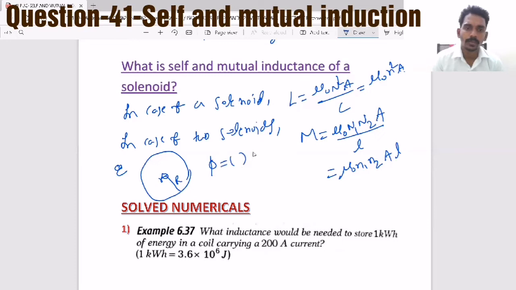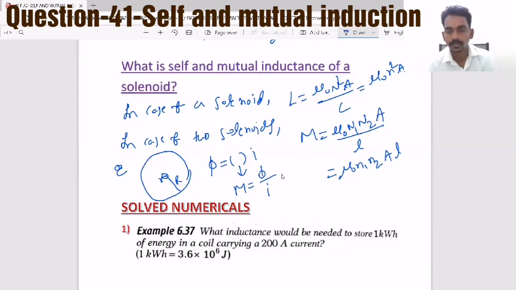That should be equal to some constant into current, and that constant we call mutual inductance, flux by current. There is a current in the outer coil, so the magnetic field at the center is mu naught N i by 2R, into area. That gives the mutual inductance of the two coils, one smaller, one bigger.